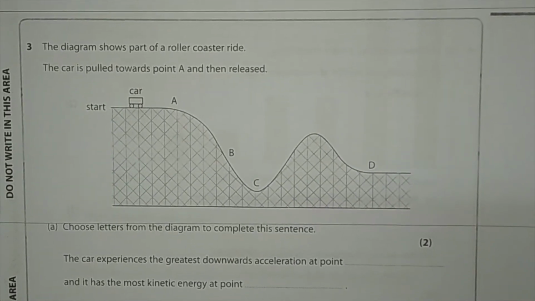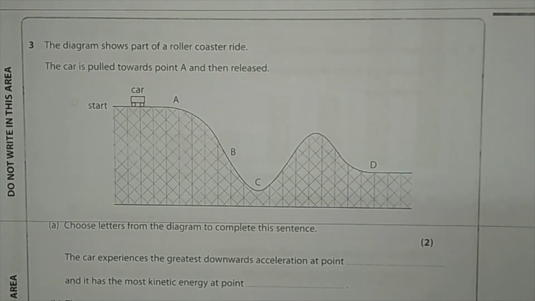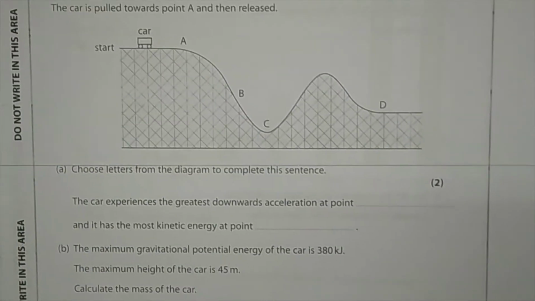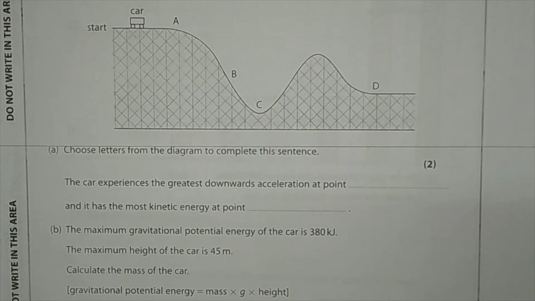Here's question number 3. This diagram shows a part of a roller coaster ride. The car is pulled towards point A and then released. Choose letters from the diagram to complete this sentence. Here's the sentence. The car experiences the greatest downward acceleration at point.